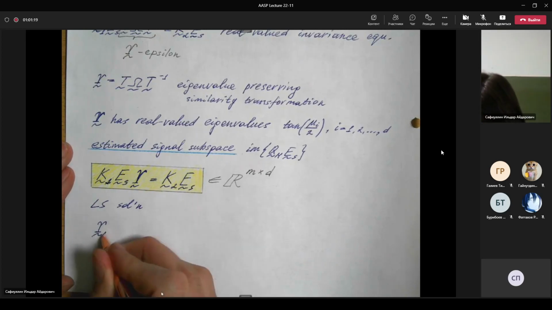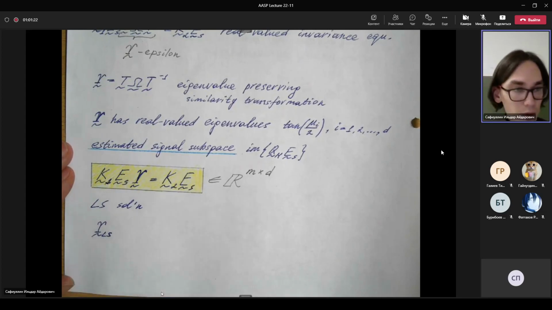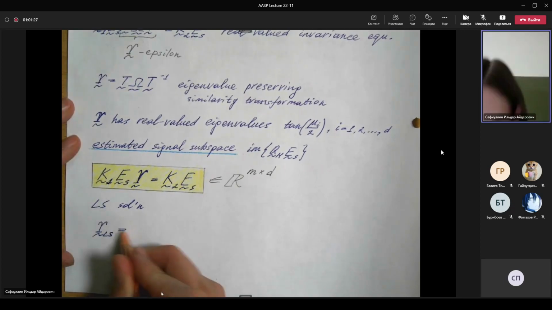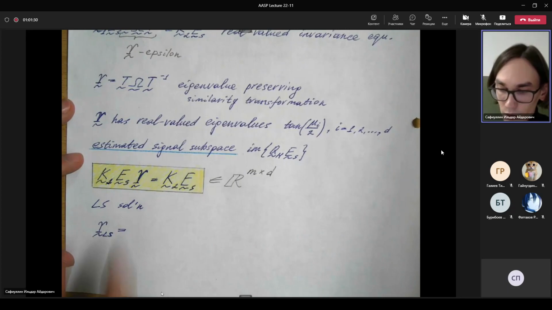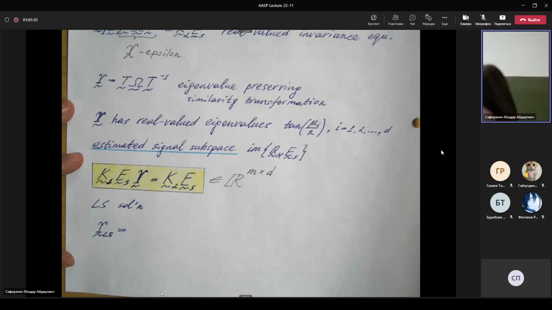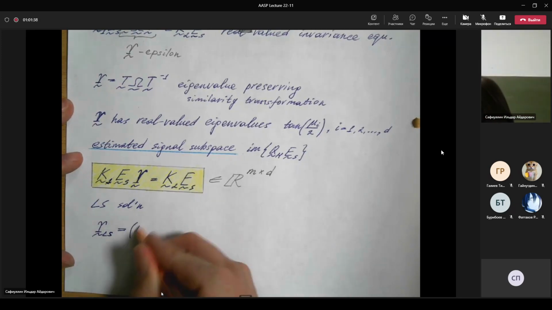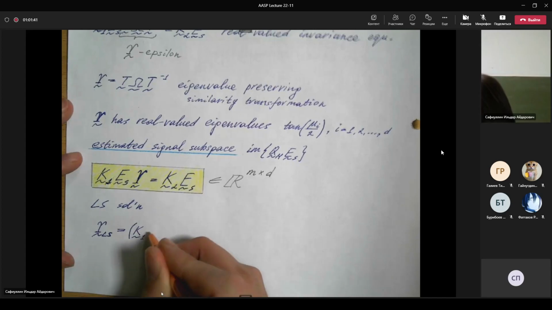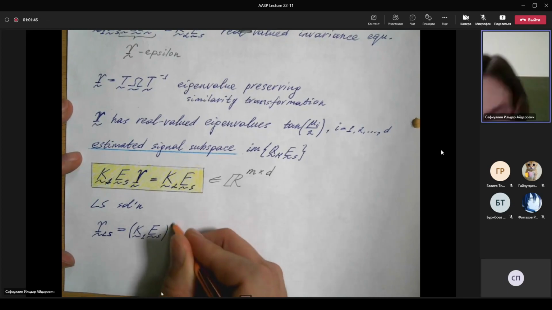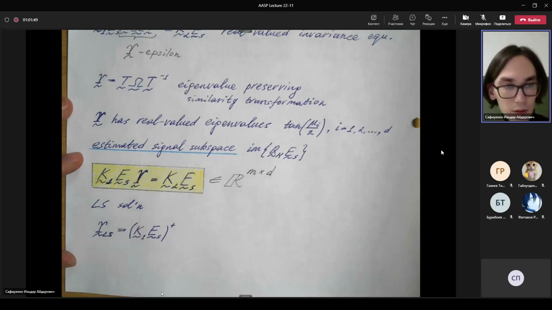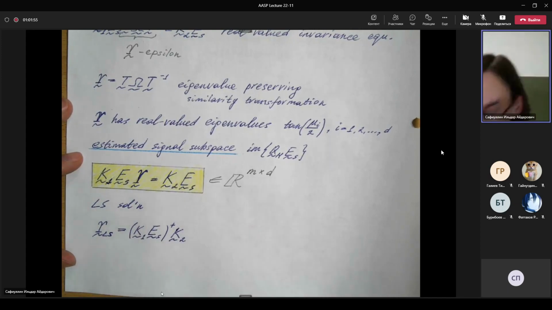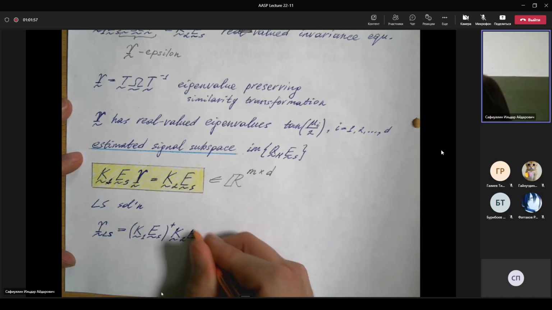Matrix epsilon with subscript ls for least squares solution is equal to: the left part, selection matrix 1, K1 times E sub s, pseudo inverse, times the right part, selection matrix 2, K2 times E sub s.